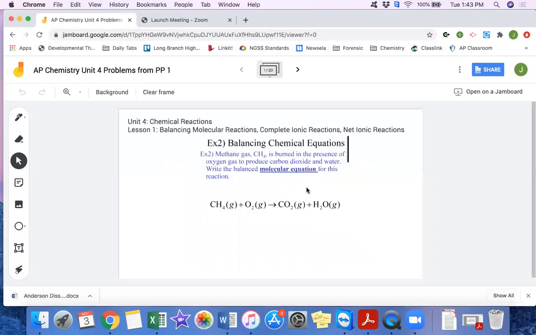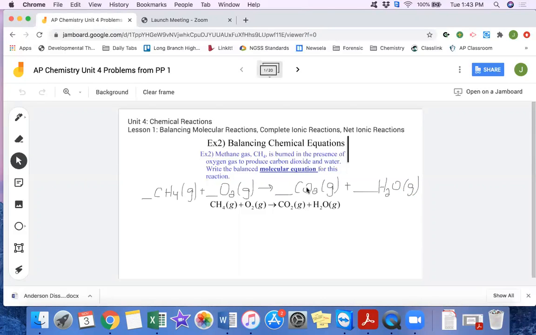To make this a little more clear, I'm going to rewrite the equation up top to give us space to add our coefficients. Here's the space, and we have CH4, which is a gas, plus O2, which is a gas, which gives us carbon dioxide and water.